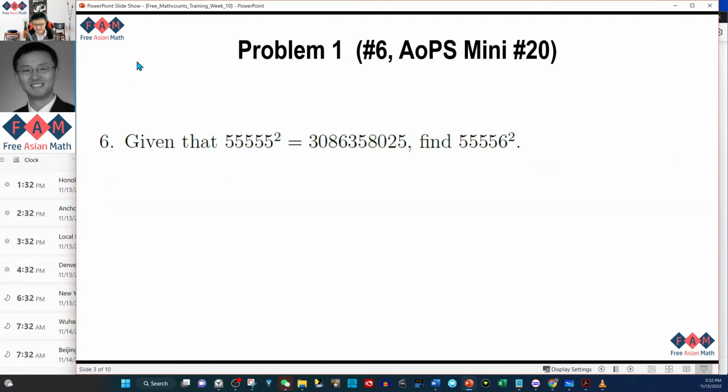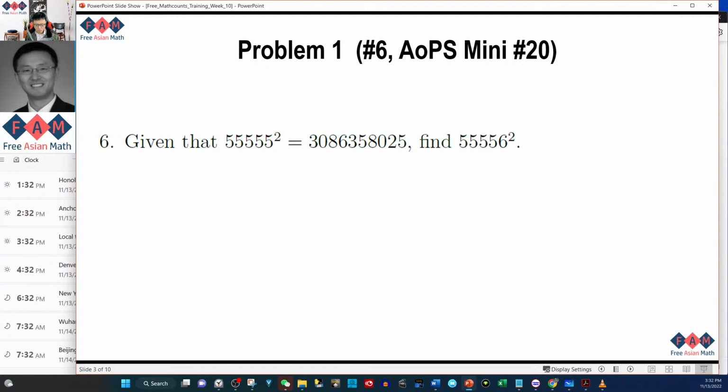This is problem number 6 from meeting number 20. Given the square of 55555, this huge number, find the square of the next integer, 55556.